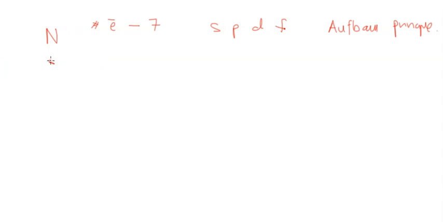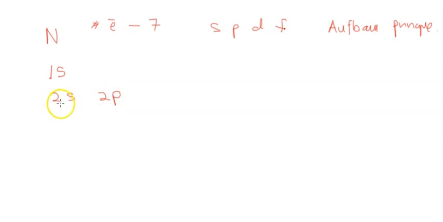So we have here 1s, energy level 1, sublevel S, and then we have 2s and 2p.